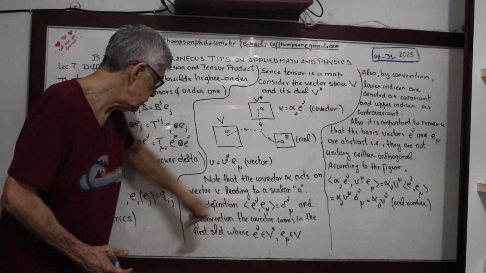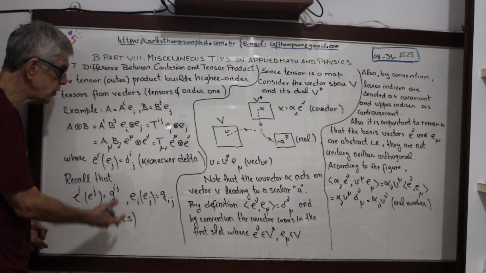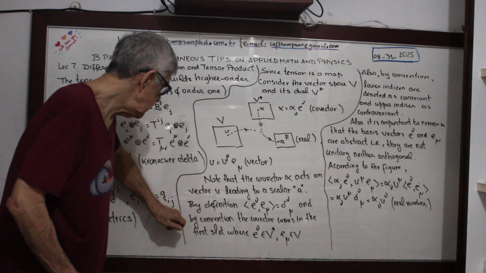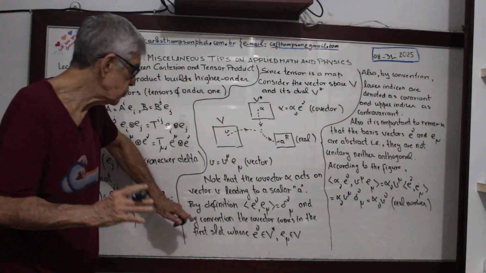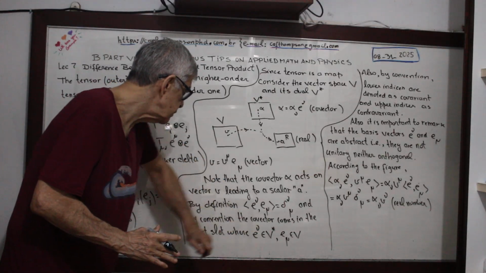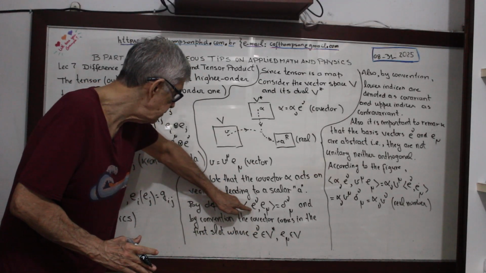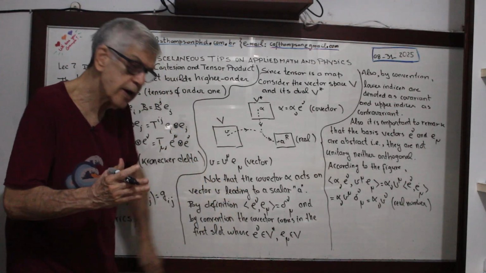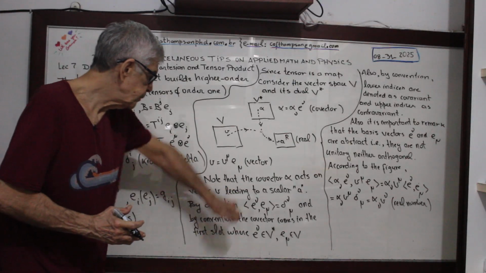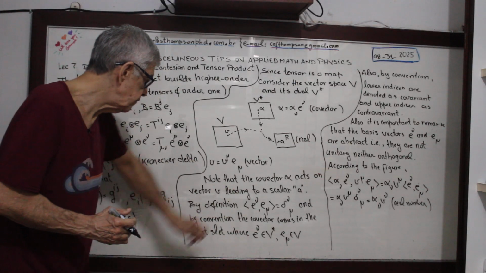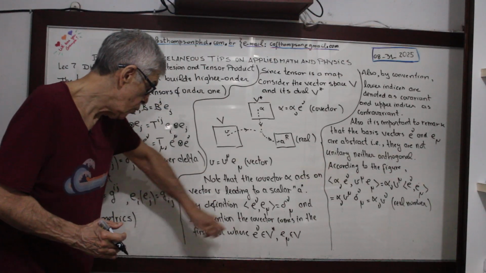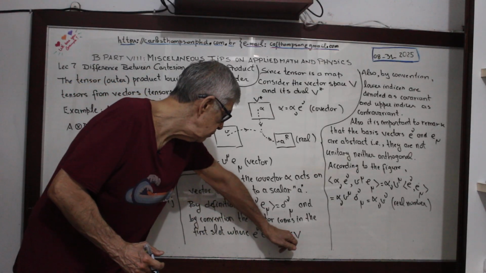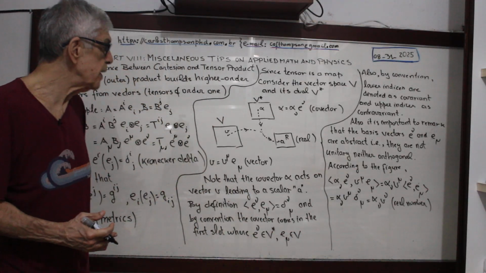By definition, as I wrote over here, e^ν e_μ is δ^ν_μ, and by convention the covector comes in the first slot. This is a two-slot object, the first and the second. So ν belongs to the dual space, and μ belongs to the vector space.